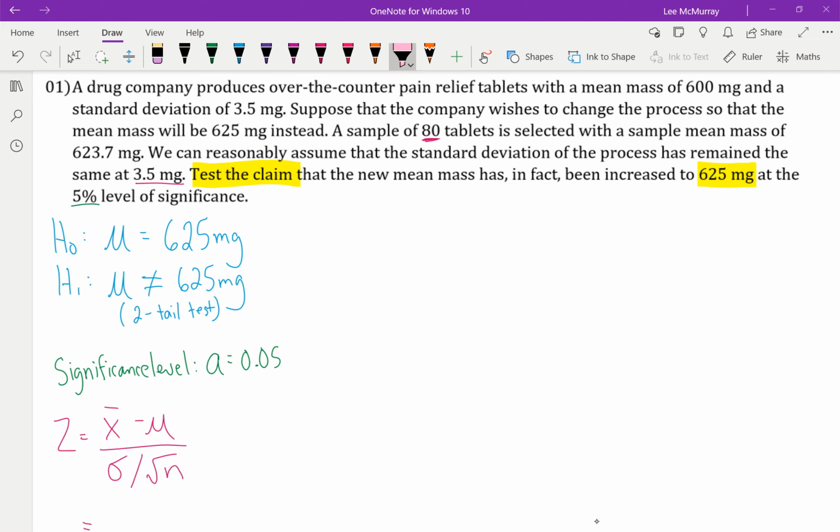We can reasonably assume that the standard deviation has remained at 3.5 milligrams, okay? And then we have a sample of 80 tablets. It has a sample mean mass of 623.7 milligrams. So that is our sample mean. So that's our X bar.